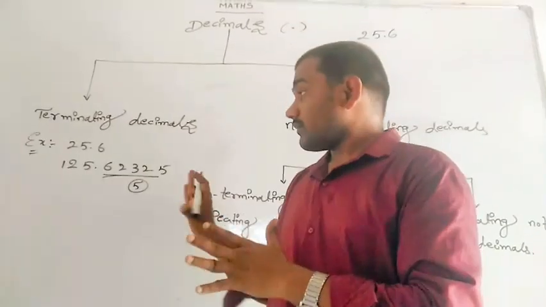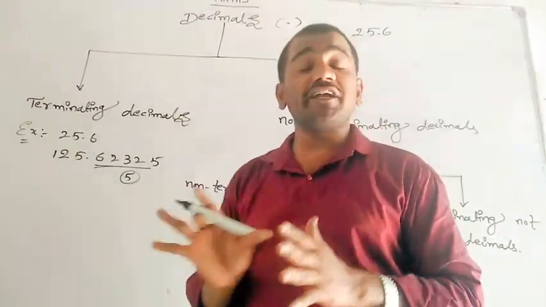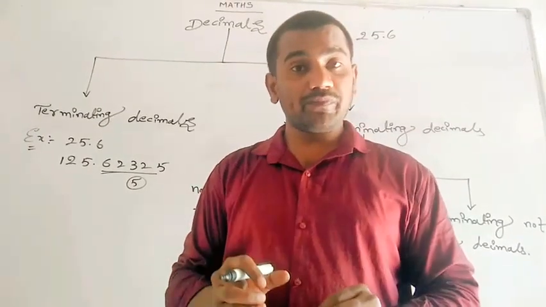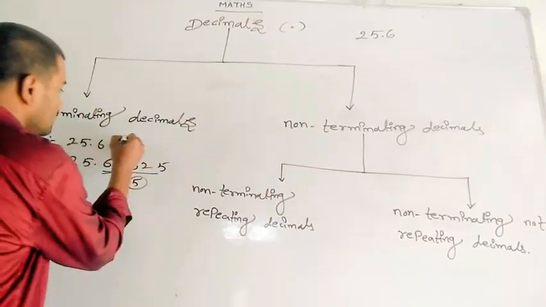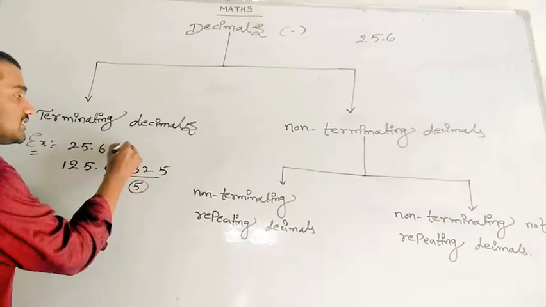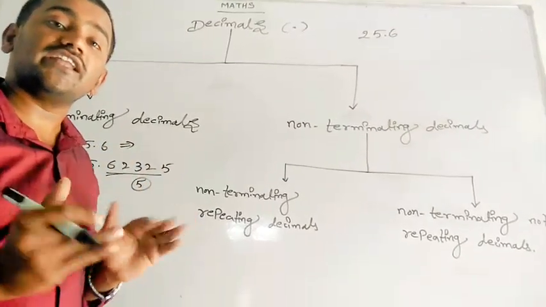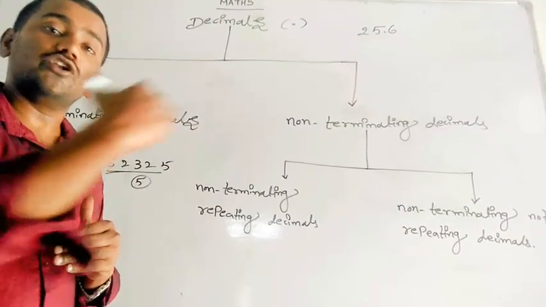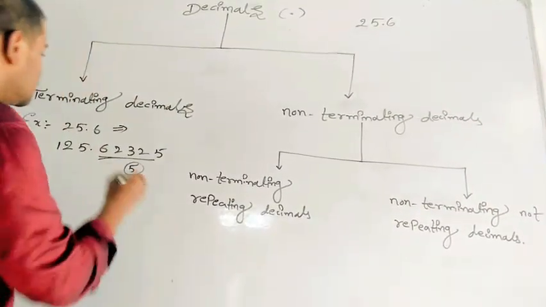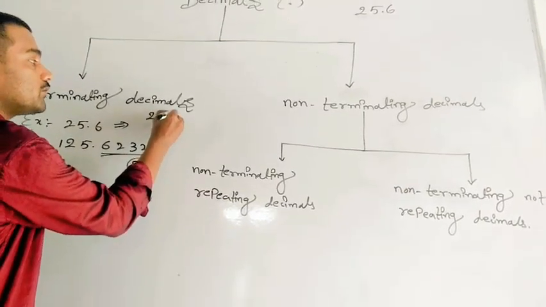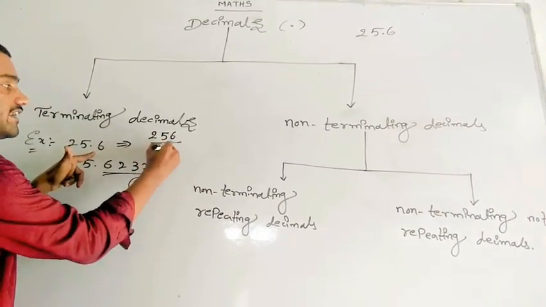Okay. Then all these terminating decimal numbers can be expressed in the form of p by q. See, 25.6 can be expressed in the form of p by q, that means numerator by denominator form. Let us express it in p by q form: 256 by 10.